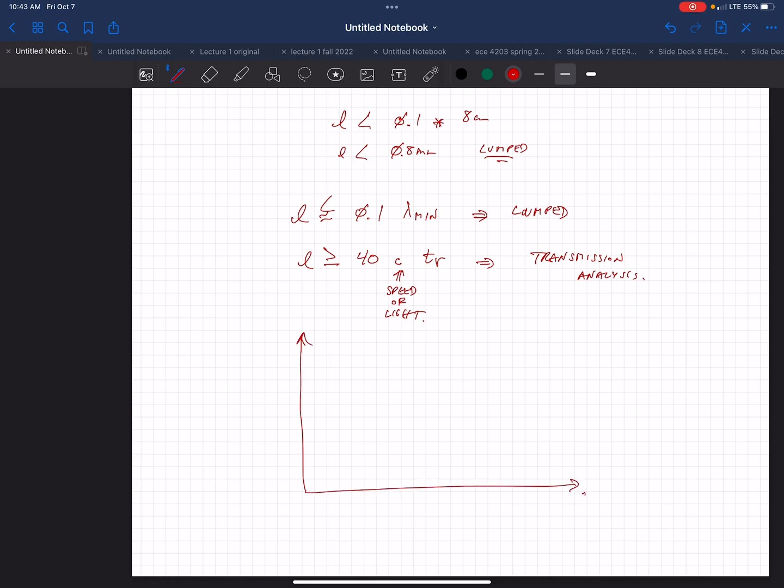Okay, so if I put in the rise time times the flight time. Flight time is how long it takes to get across the transmission line.